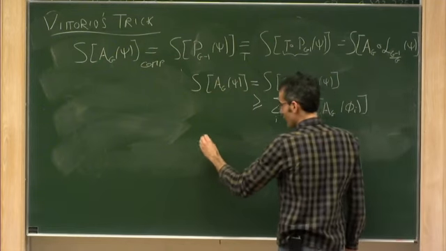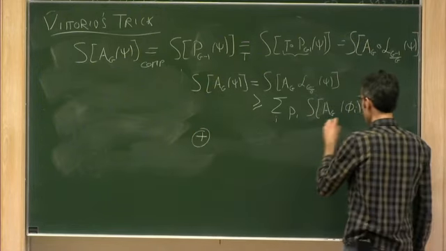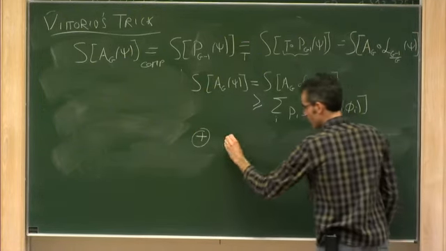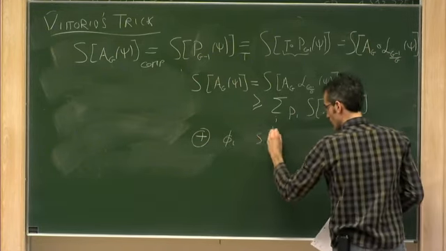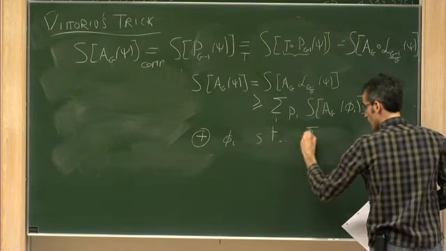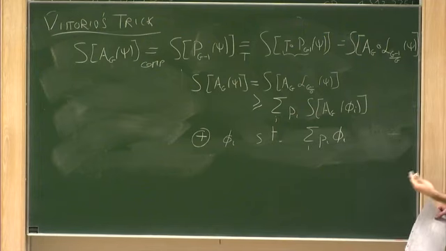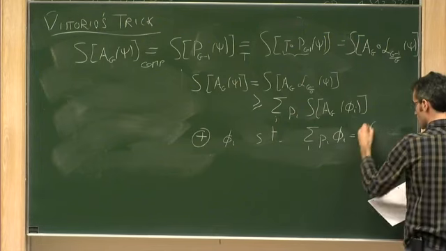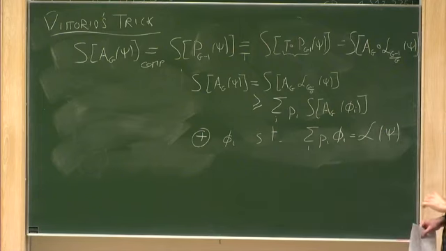But the trick is the following observation. This pure state here is such that the average of this pure state is the exit of applying a lossy channel to your pure input state.